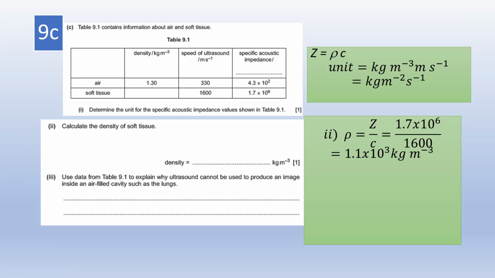Use your data to explain why ultrasound cannot be used to produce an image in air-filled cavities such as lungs. To be useful, it must be able to be transmitted. So if all reflected, then they cannot see anything in the lung.